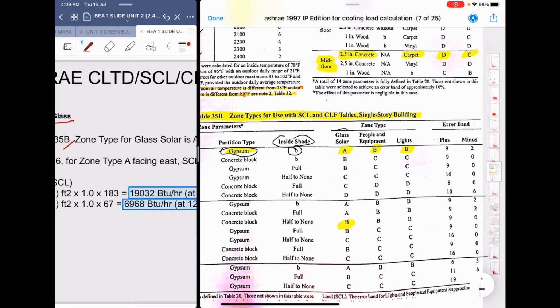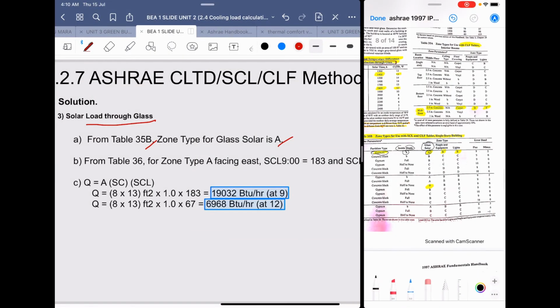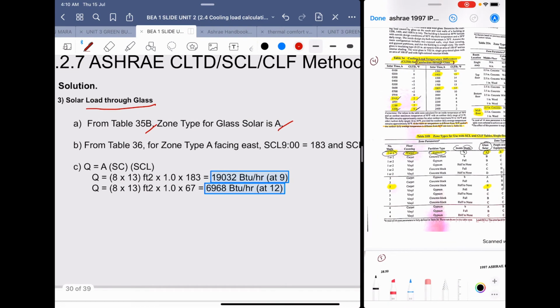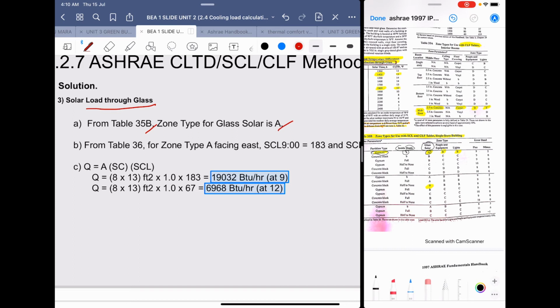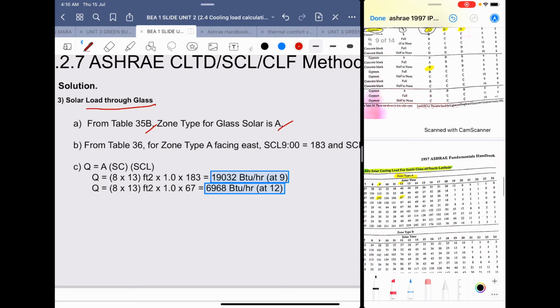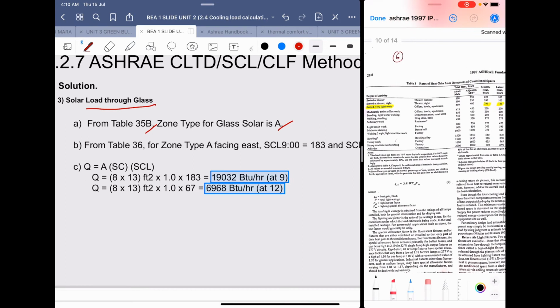Based on those types, our glass solar is type A. That's why we get that the glass solar is A. Okay, from table 35, we know that our glass solar is A. Then we go for table 36.